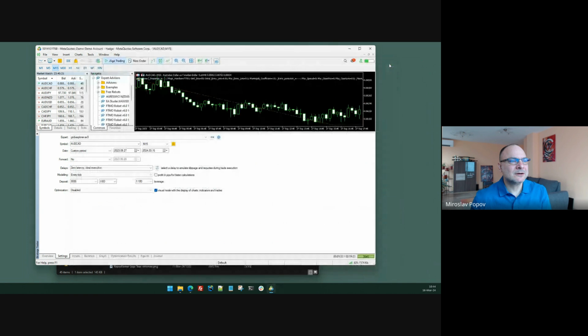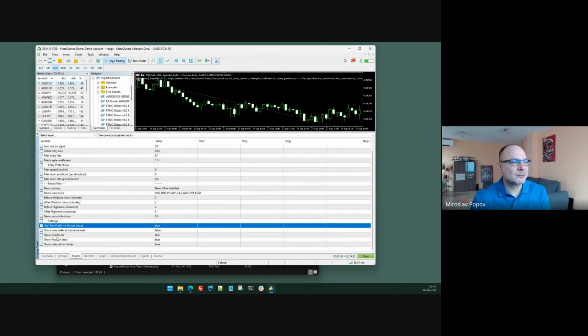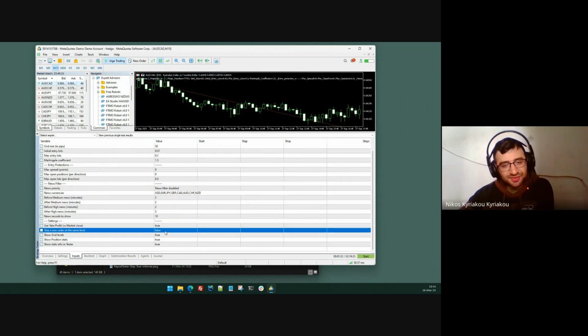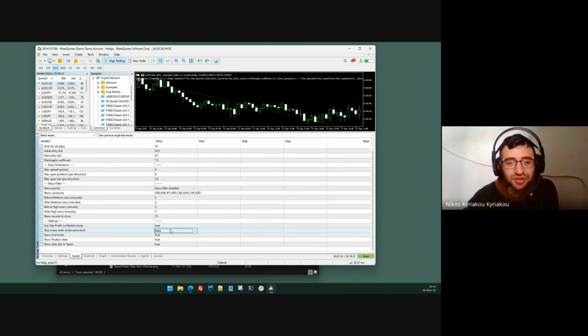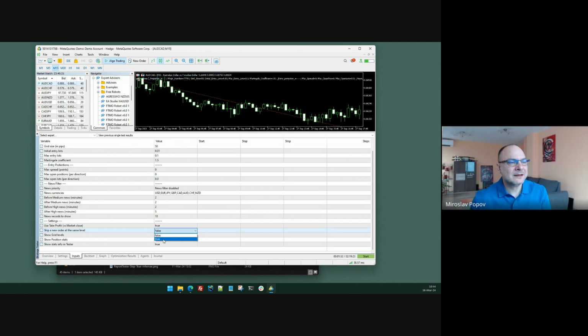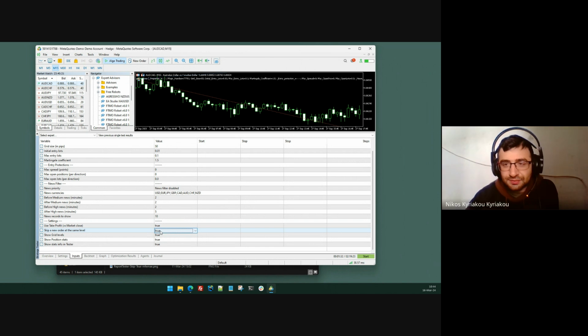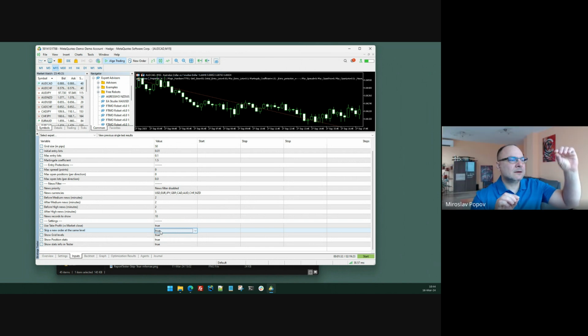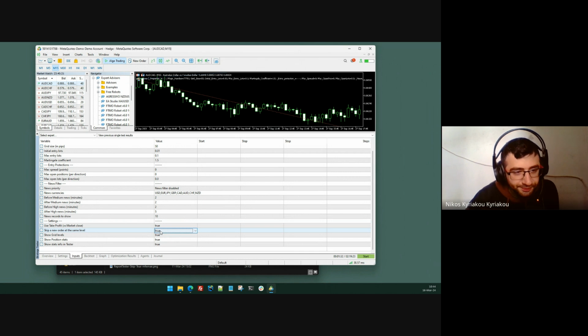So I entered an option in the robot, skip a new order at the same level. If I have it enabled, it opens only one position per level, so it will never have duplicated positions.